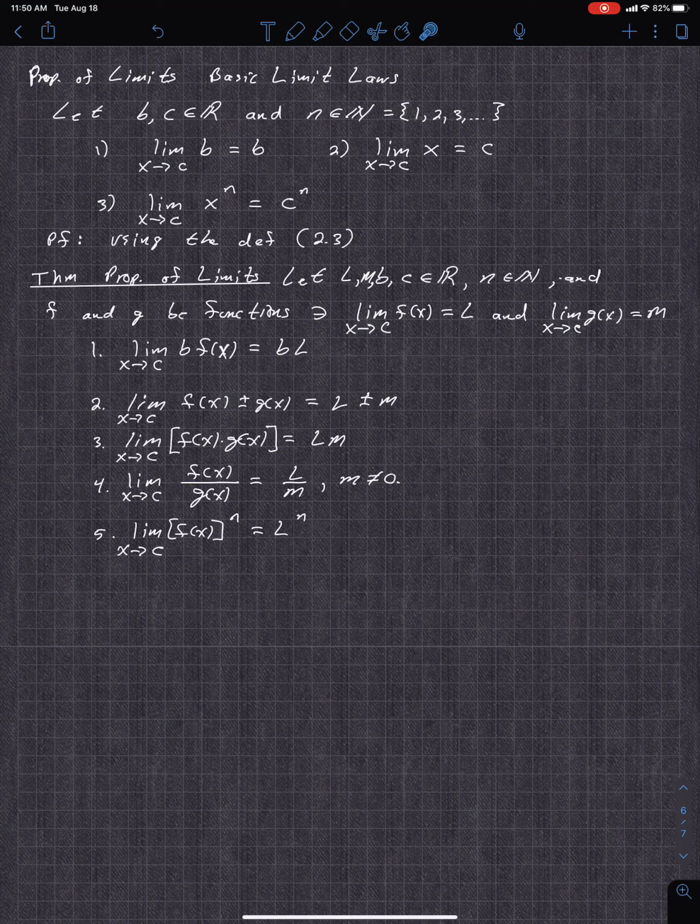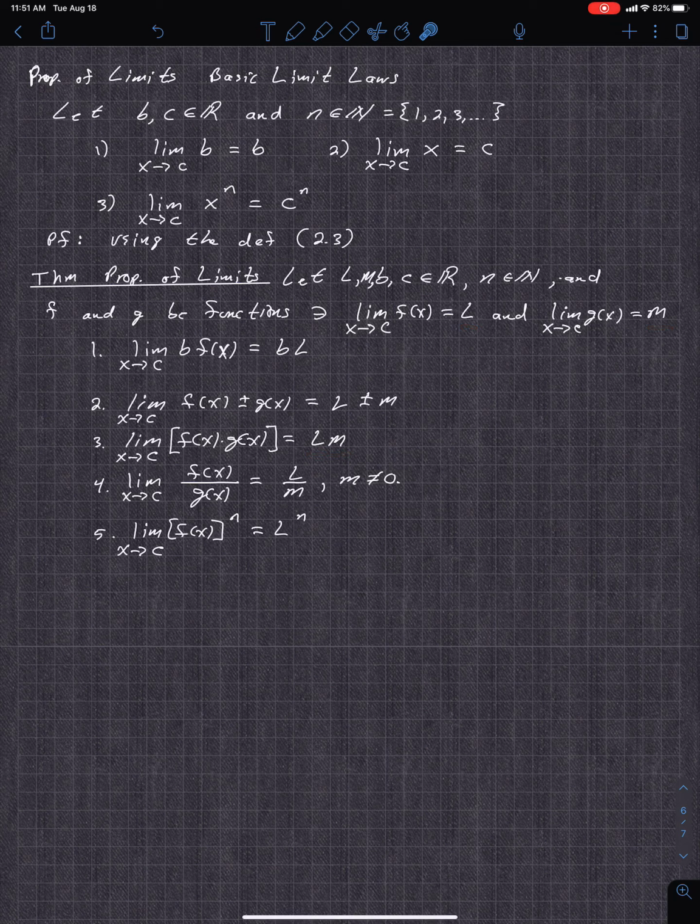So if you have a constant times the function, and the limit of that function is L, then it's just the constant times L. And then if you have the limit as x approaches c of f of x plus or minus g of x, then it's just going to be L plus or minus M. Same thing with the product of those two functions: L times M.